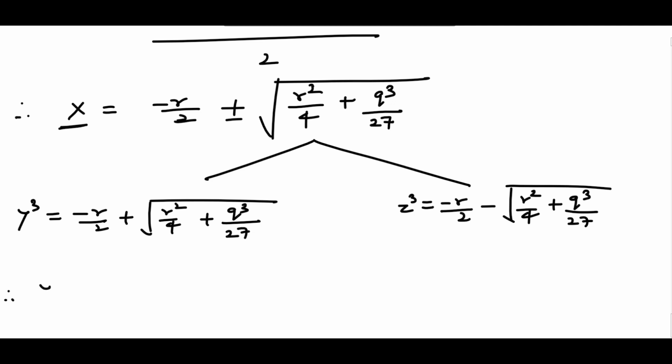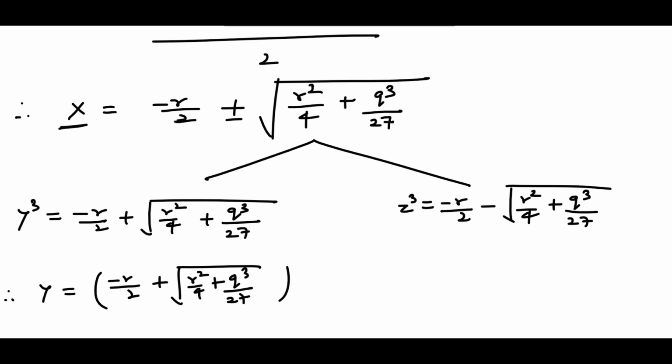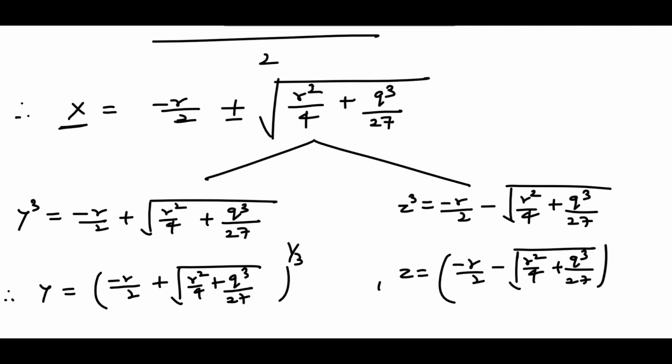So as we know that we can take the cube root on both sides, that is y is equal to negative r by 2 positive square root of r square by 4 plus q to the power of 3 over 27, to the whole power 1 by 3, and z is equal to negative r by 2 negative square root of r square by 4 plus q to the power 3 over 27, to the whole power 1 by 3.